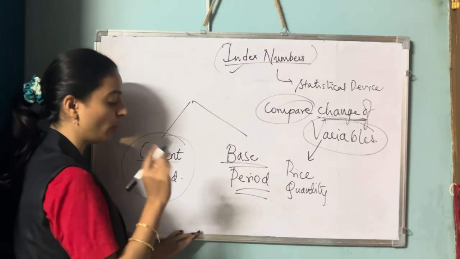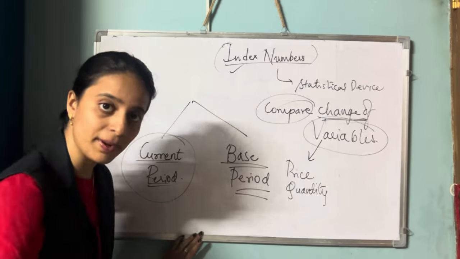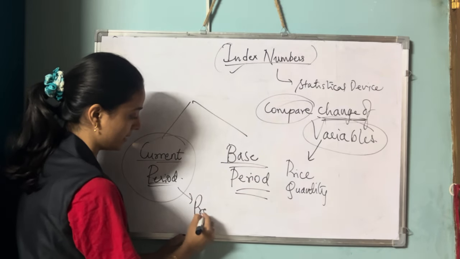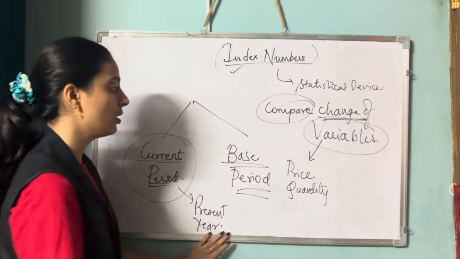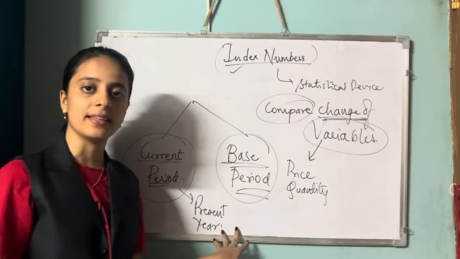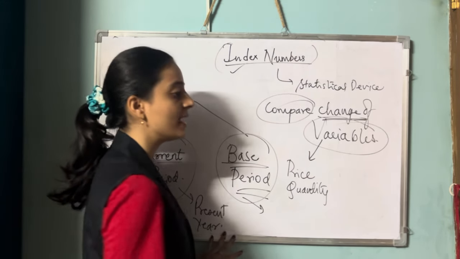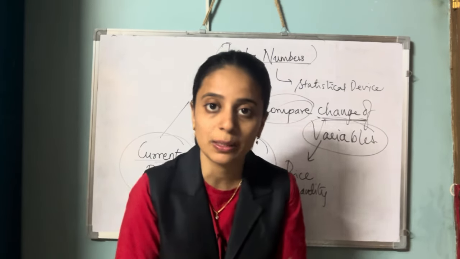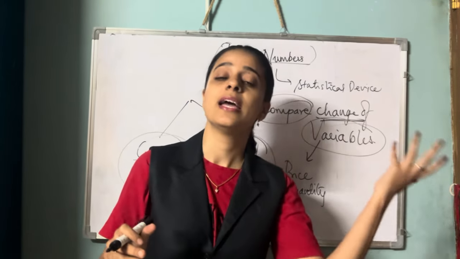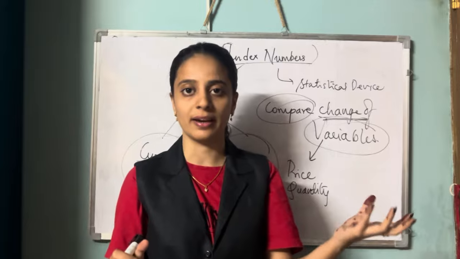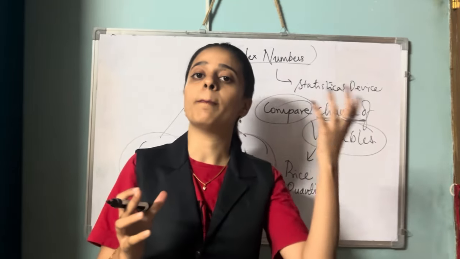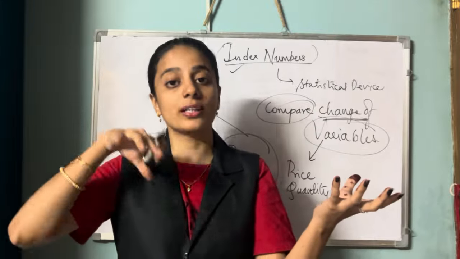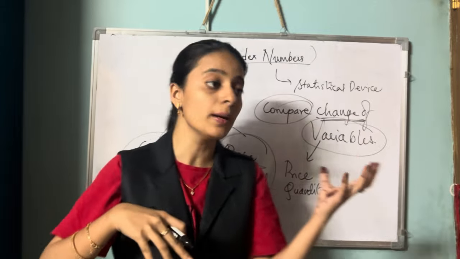Current period, very easily understood, is the present year or present situation, current year. What is this base period then? This base period is a very important period, a past year or a period in which a particular thing had happened, and we try to compare the present or the current year with that particular base year.